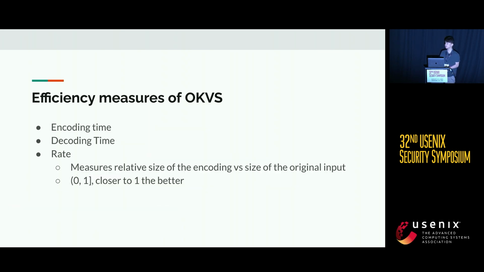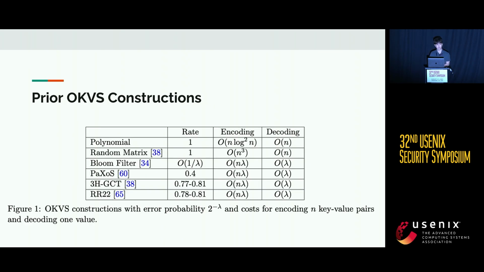There are roughly 3 measures of efficiency of OKVS: the encoding time, the decoding time, and the rate, which is a quantity between 0 and 1 that measures the relative size of the encoding and the size of the original input. Looking at prior constructions of OKVS, we roughly see that either they have very good rate but relatively poor encoding and decoding time, or very good encoding and decoding time but relatively poor rate.